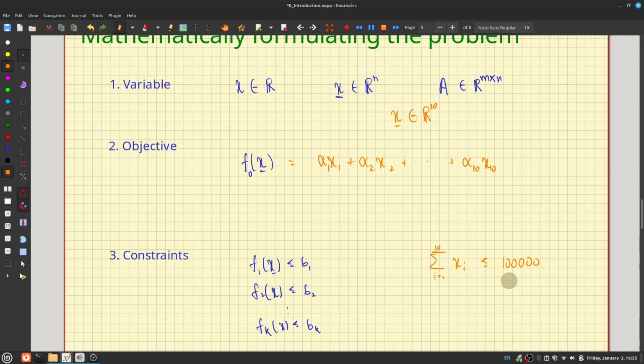For instance, I know what the expected returns are, but I could try to collect more data. Maybe I collect data and find out what is the risk involved in investing in each company. Because after all, the returns that I get are not fixed, right? I can't say that I'm definitely going to get 10% returns or 20% returns at the end of the year. There's always some amount of variability.